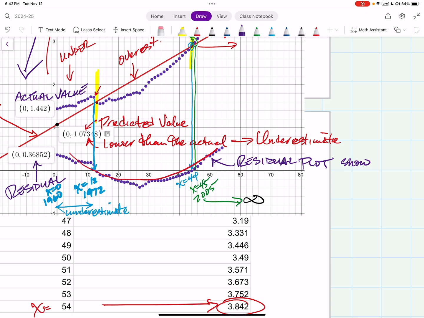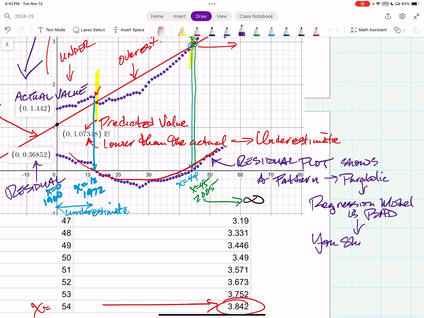So if the residual plot shows a pattern, which it does, it's parabolic. All right, say that to the person next to you. Say parabolic. It indicates that the regression model is bad. So what that means, you should switch models. I'm writing down the logic here, guys. You should switch models.